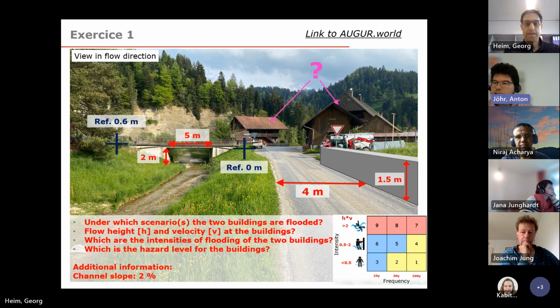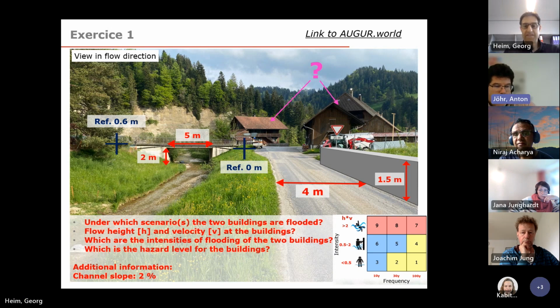But I would just like to continue from Jana there. When you have 11 cubic meters of overflow in a 100-year event, that would mean you would have those 2.7 meters flow height, and the velocity, what would you assume there? 1 meter per second probably.